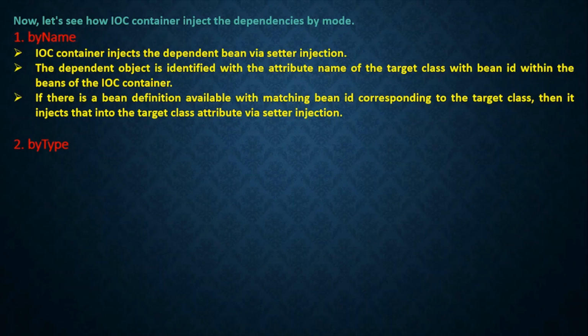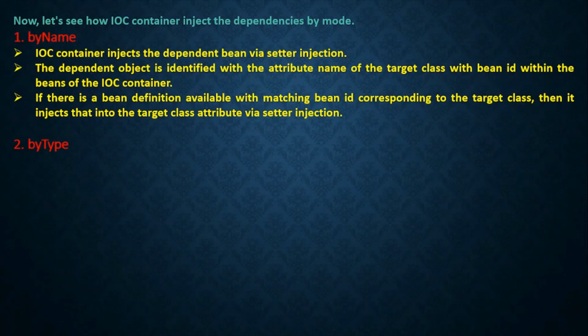Then by type means we are specifying the mode as by type. Whenever we write a bean, we are doing bean id is so and so, class is so and so. So by name, it matched the bean id with the target class attribute name.